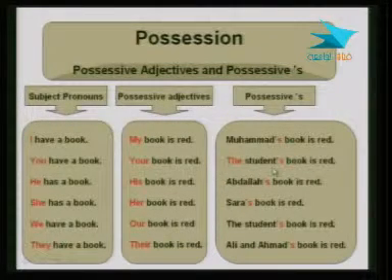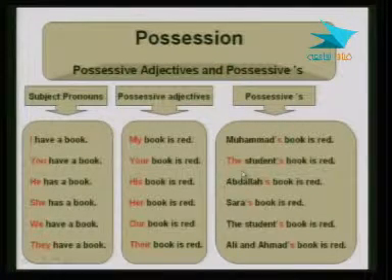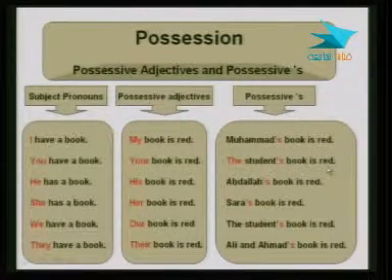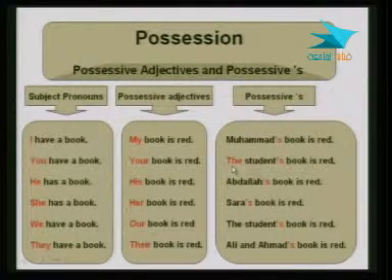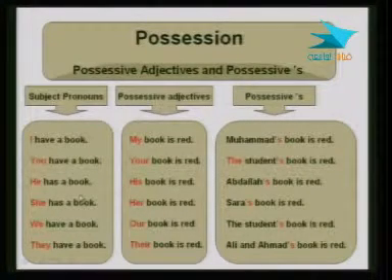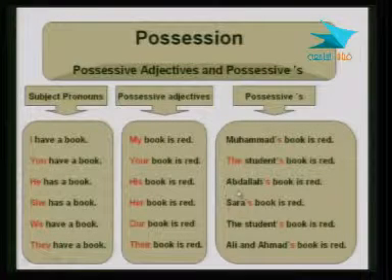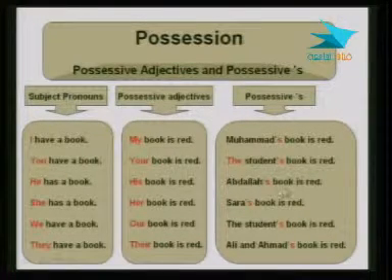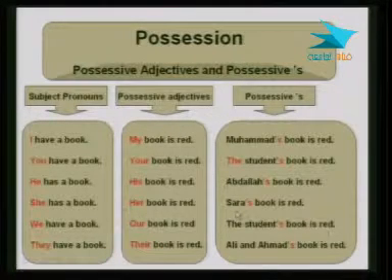Another way of saying this sentence is the book of the student is red, but that is long. So we say the student's book is red. He has a book. This is another example. He has a book. His book is red. Abdullah's book is red. She has a book. Her book is red. Sarah's book is red.